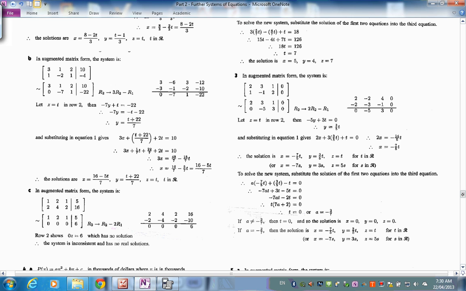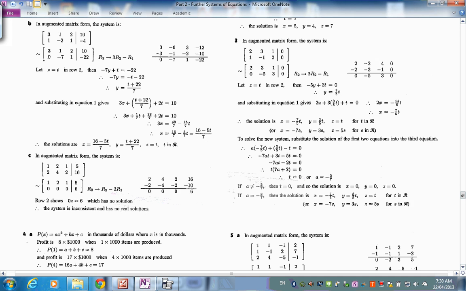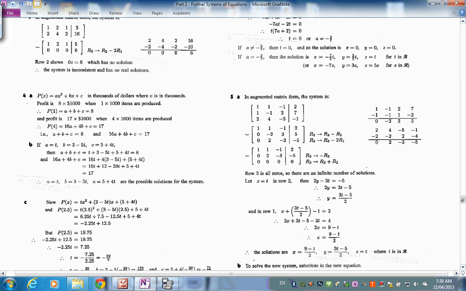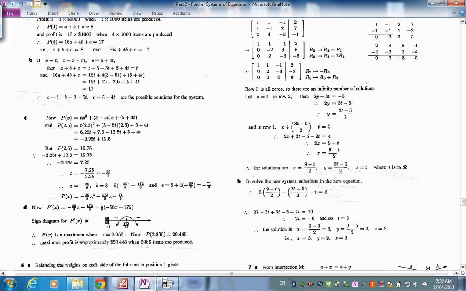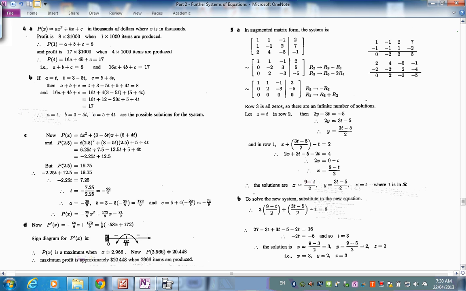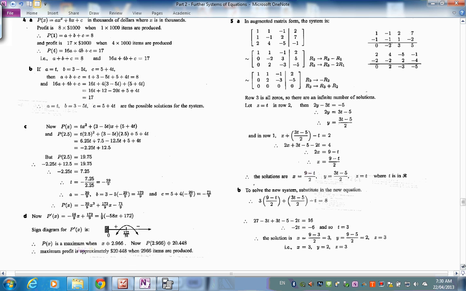Question 3. And then we'll go down to 4 and 5. Just come down here. 4 and 5. Question 4 down to D. Question 5, I think we've got a bit more. No, that's it. Okay, question 4 and 5.